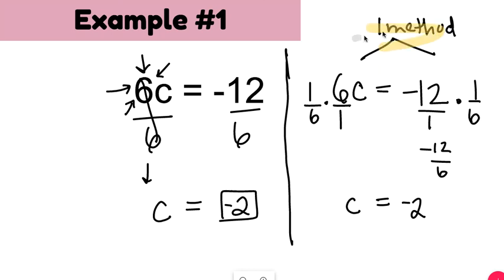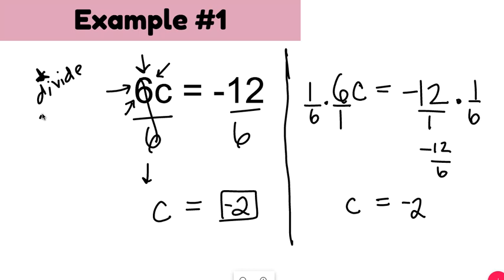Okay. So take a second and copy this down. So if you like the method on the left, you're dividing each side by the coefficient.